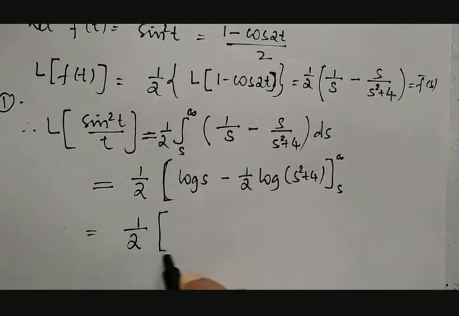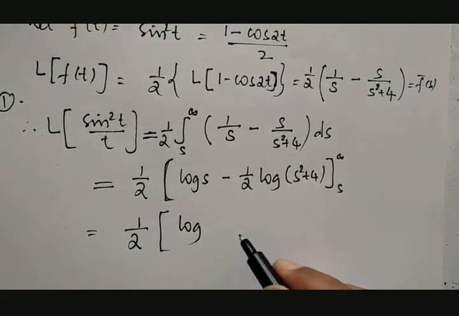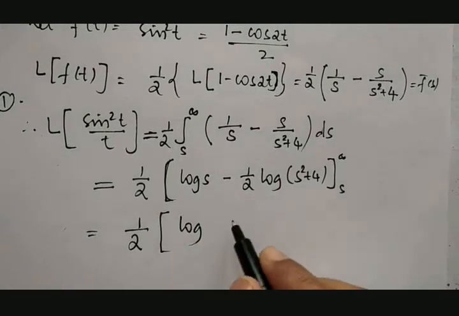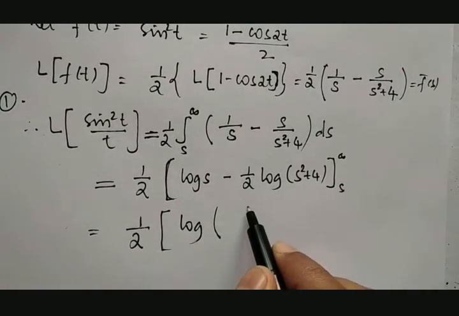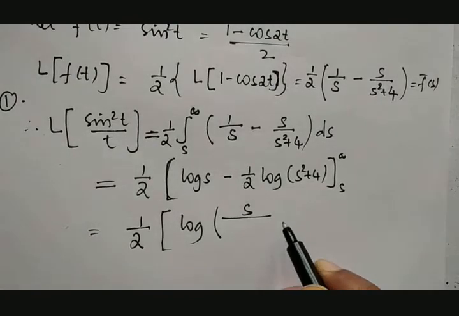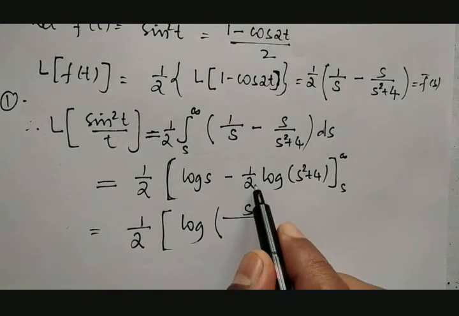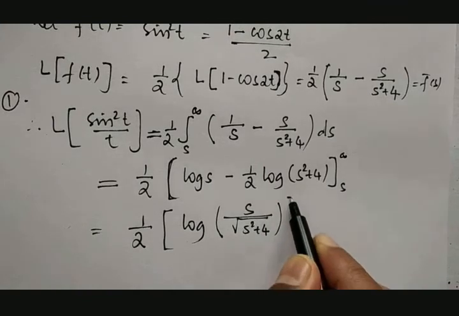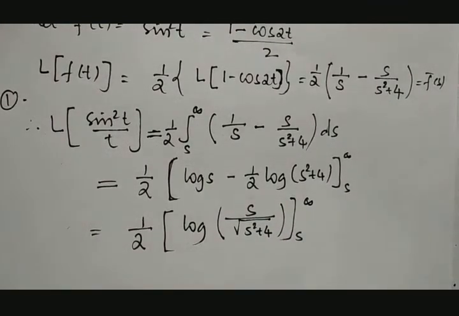Is it okay to apply upper and lower limits directly? Let us see. It will be equal to logarithm of first term minus second term, so it will be log of first term divided by second term. Since the second term is having 1 by 2 as a multiplier, it becomes square root of s square plus 4, between s to infinity.